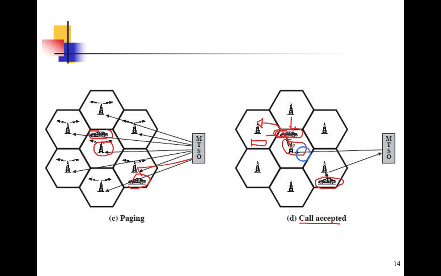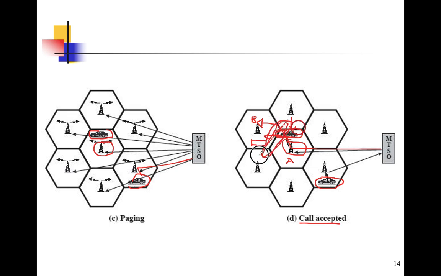The base station will inform the MTSO that this car is no longer in the area of, if I can call it, this is A and this is B. Okay, no more in A, now it is moving to B. So the handoff is happening somewhere over here. Later on we will learn this one.